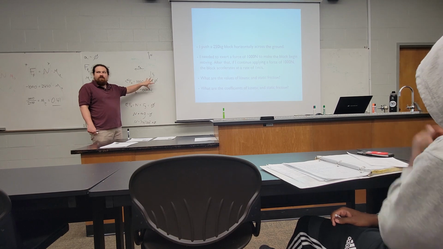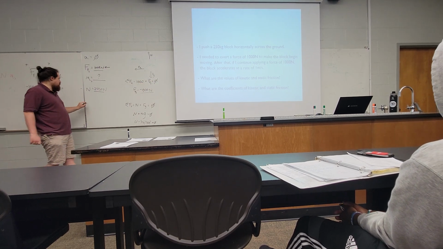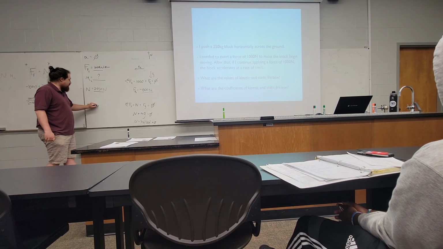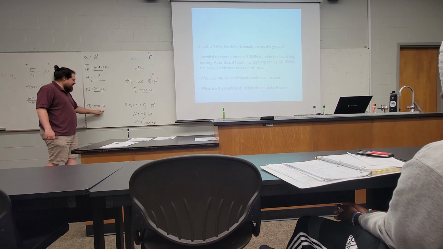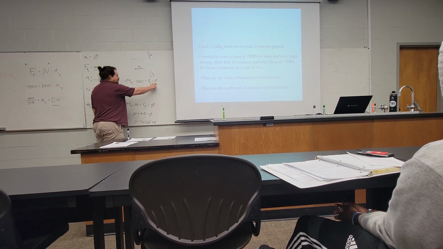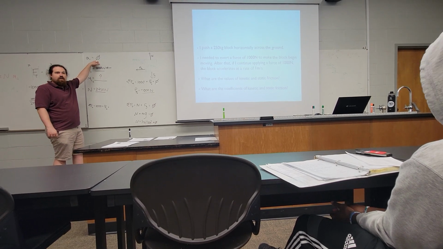So this is the before stage. The after stage, we're still applying 1,000 newtons. Now we're going to be opposed by a different amount of kinetic friction, and the net force is no longer going to be 0 because the net acceleration is no longer 0.